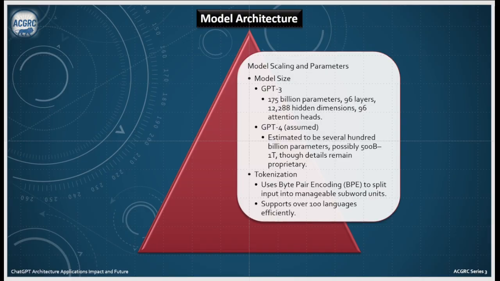So when you hear 12,288 hidden dimensions, it means every word or token is represented by a 12,288-length vector at each step inside the network. Hidden states at each layer are 12,288 numbers long per token.